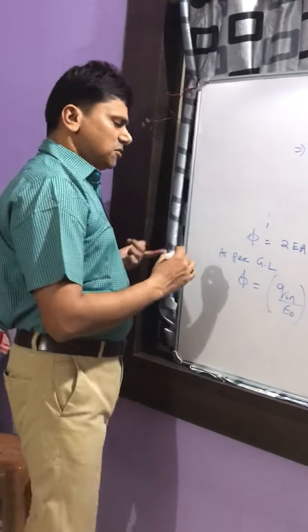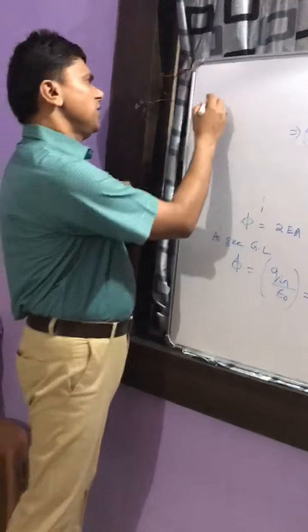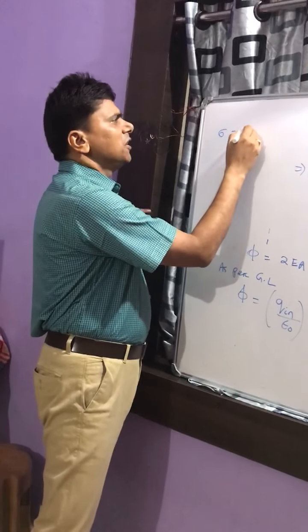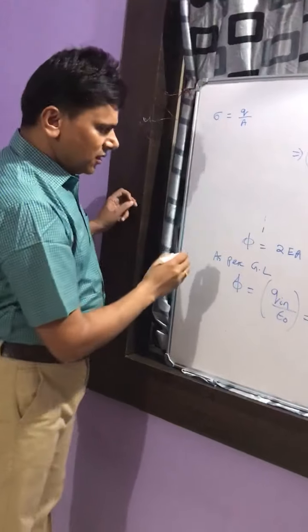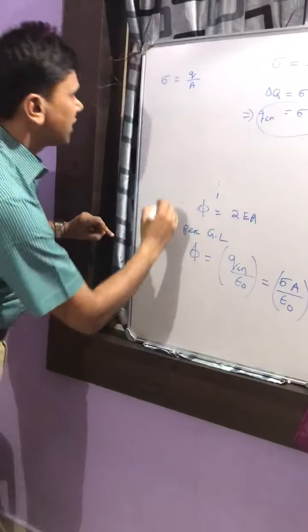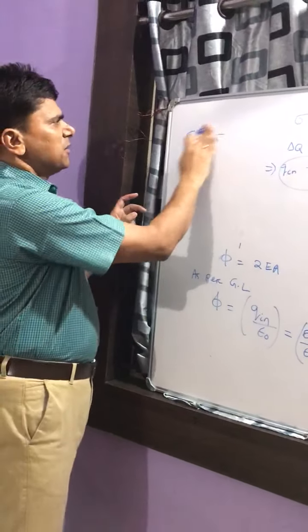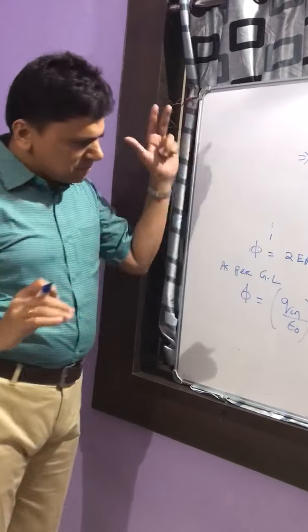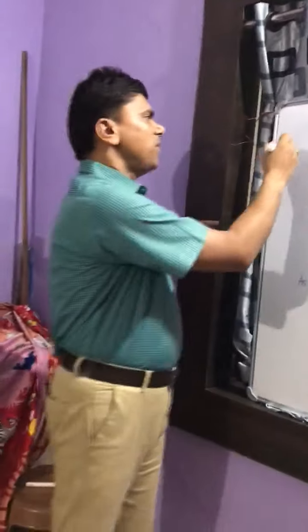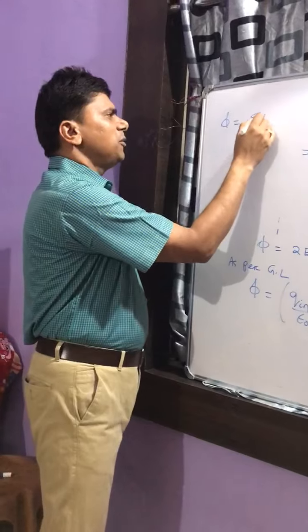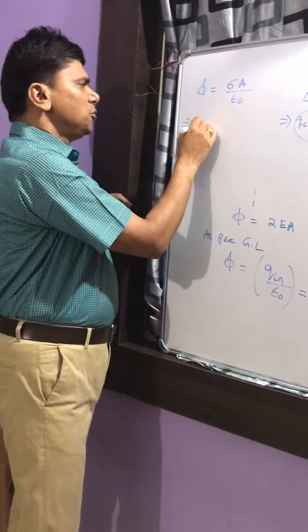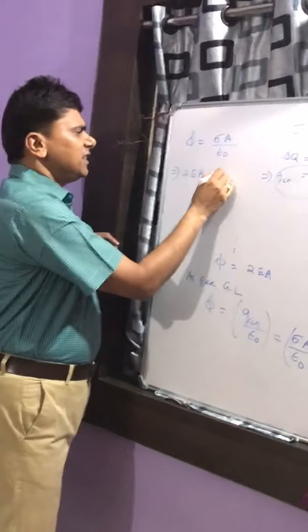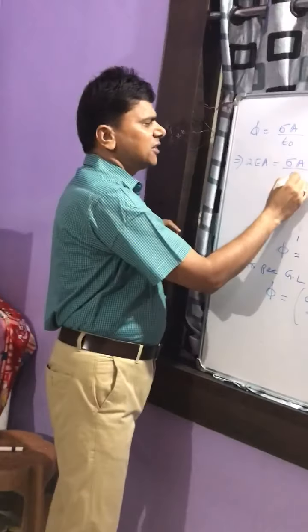You can put sigma equal to Q by A also, but let us keep sigma as such. So phi is equal to sigma into A by epsilon 0, and this phi is equal to 2 into E into A, which is equal to sigma into A by epsilon 0.